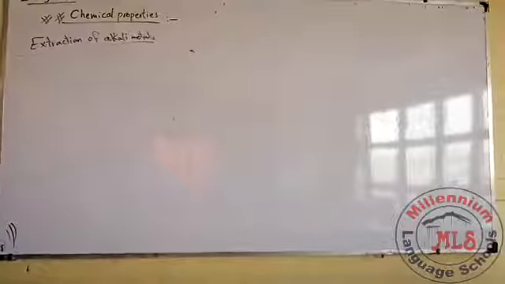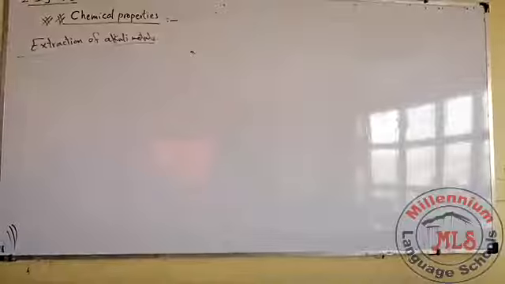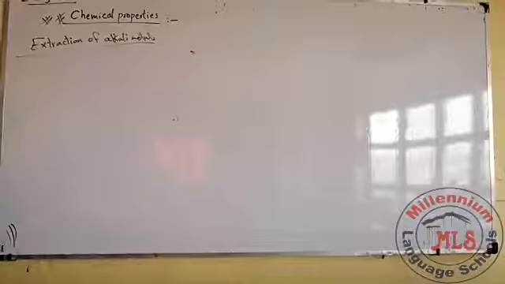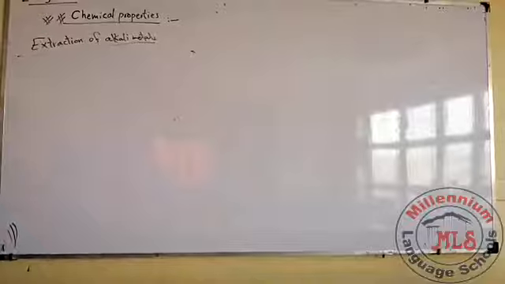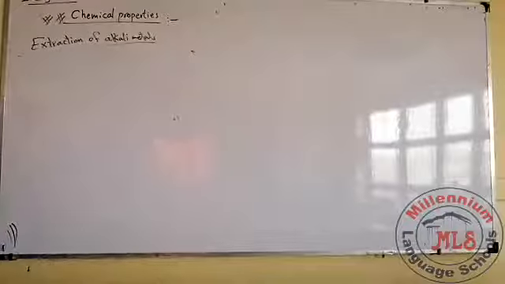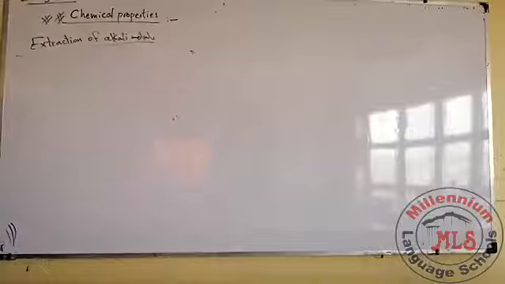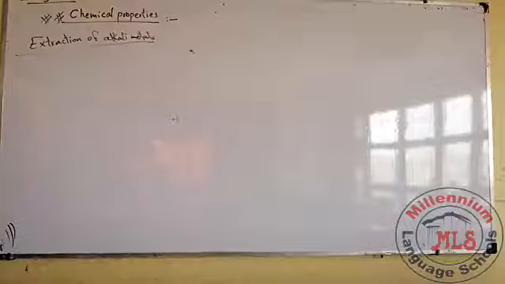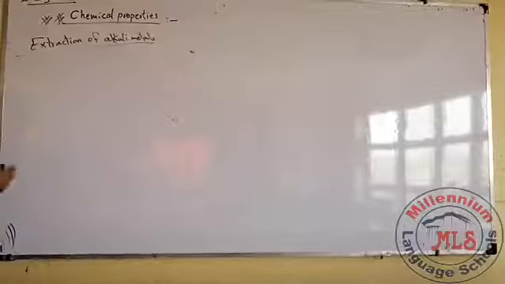How can we get sodium metal? We can get, for example, sodium metal from molten material electrolysis. If we have molten sodium chloride, we can get sodium. We can use this system.